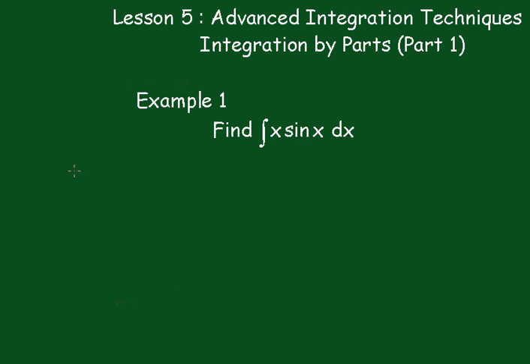Okay, here's the first example. Now it's a good idea to write out that rule. So the integral of u dv must equal uv minus the integral of v du. Now, it's very important to decide which way to go in this case.